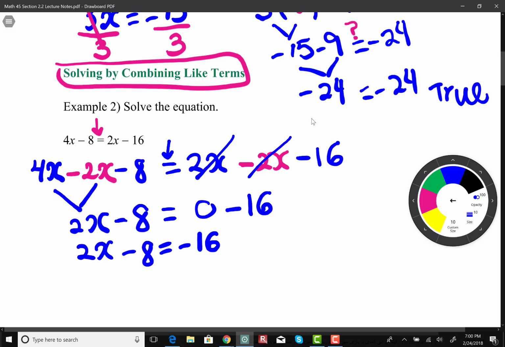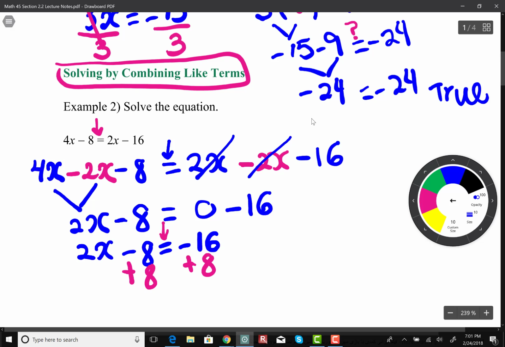The next step is to use the addition property one more time, and that is to add 8 to both sides. I write it in this format, which is called vertical format. Whenever you add 8 to this side of the equality, you have to do it to the other side to keep the balance. This is called the addition property of equality.